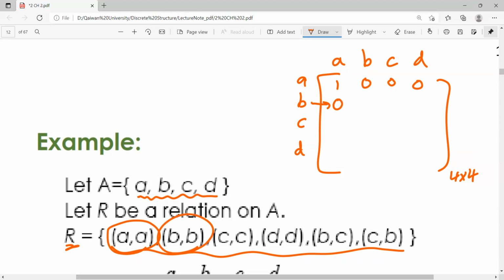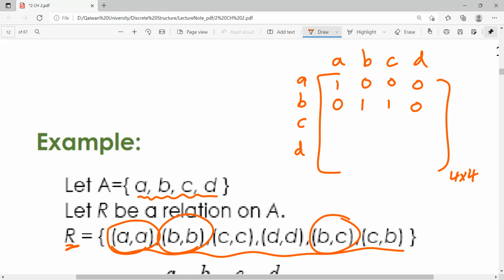Yes, we have BB. Put 1. And then BC. This is BC. B first, the row, and then column. Do you have BC in the relation? Yes. That means we should put 1 here. How about BD? We have not.